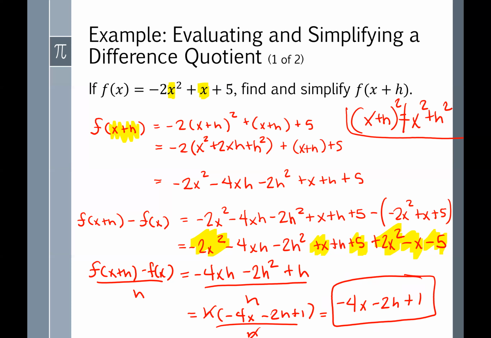All right, so what's the significance of this? Well, it has major significance, because this leads us to what's called the instantaneous rate of change when we're talking calculus.